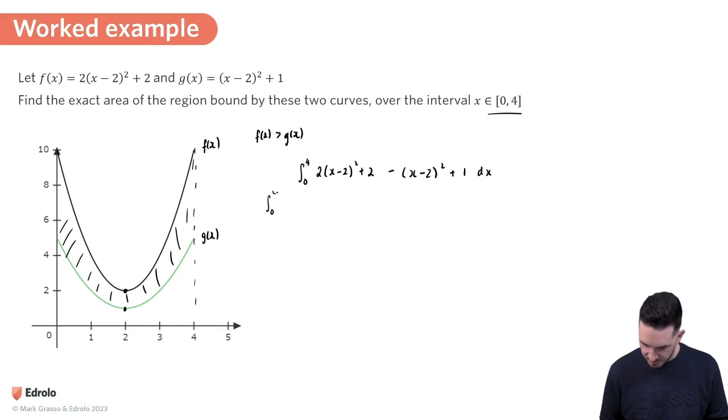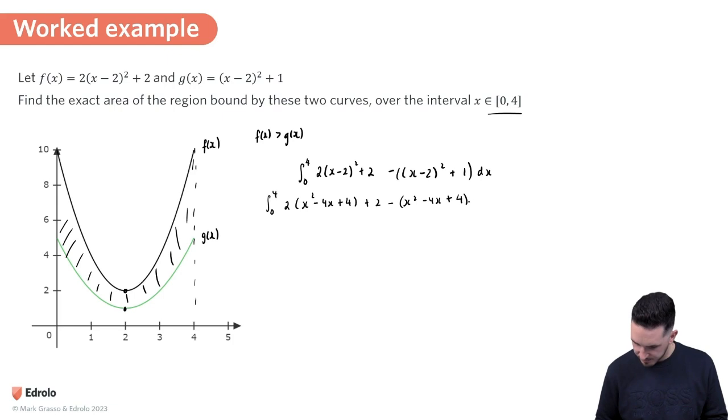So we have the integral from 0 to 4 of 2 times (x squared minus 4x plus 4) plus 2, minus x squared, minus 4x, plus 4, minus 1, dx.